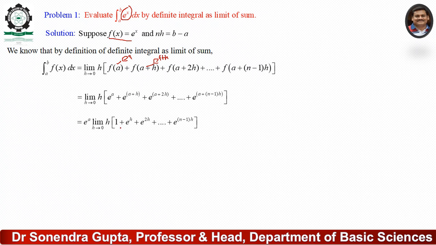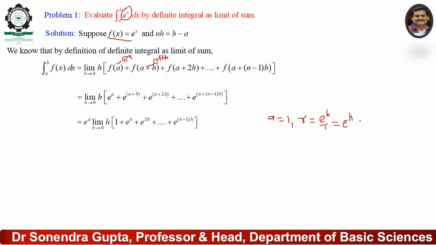Here we see that this is a geometric series, so we require the value of a, which equals 1, and the value of r, the common ratio, that is the second term divided by the first term, e to the power h divided by 1, which equals e to the power h.